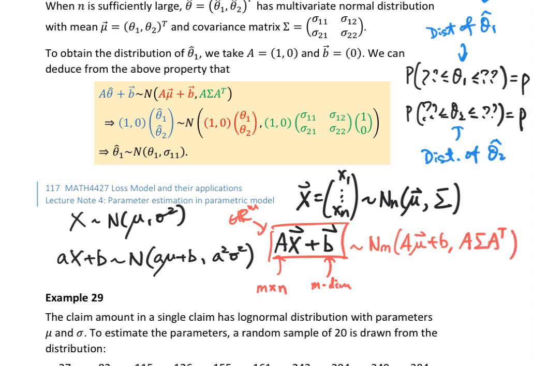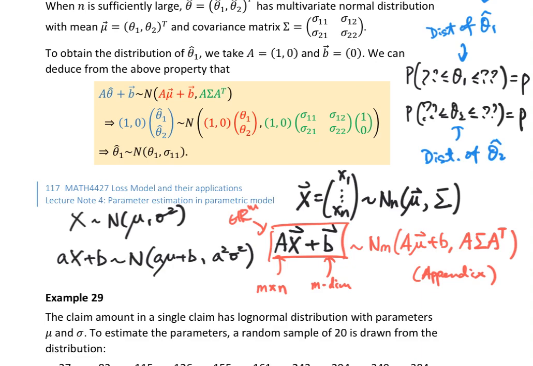Of course you can try to prove that using the definition, so you can take a look at appendix A if you are interested. You can also look at our other tutorial video about the linear transformation of random variables for more detail. For now, let us take it for granted and see how we use it to achieve our goal.